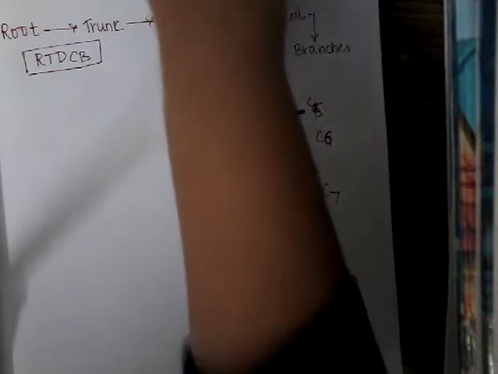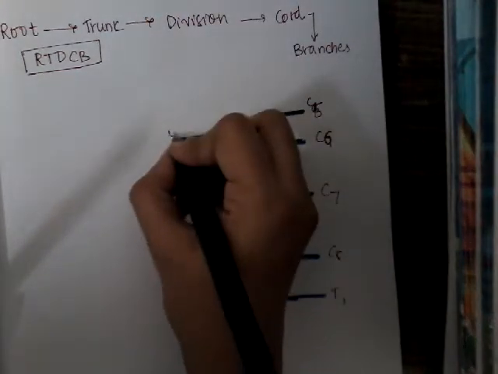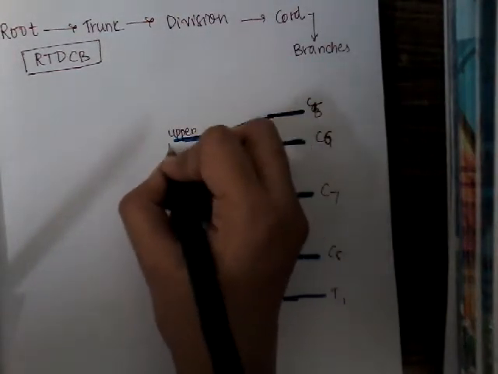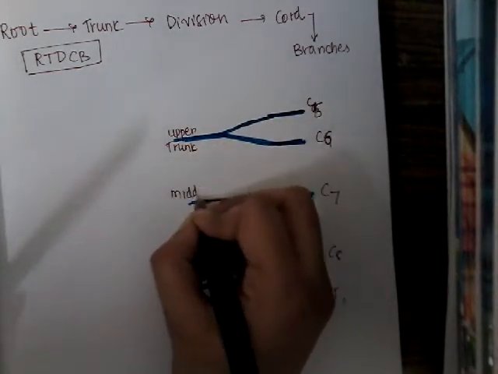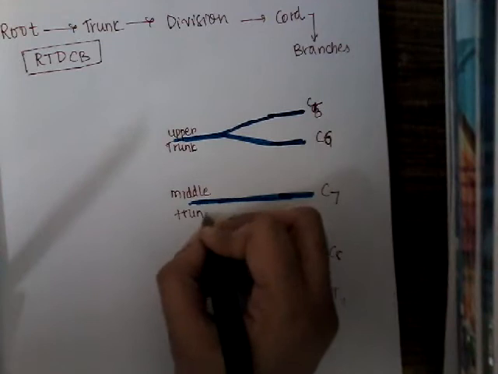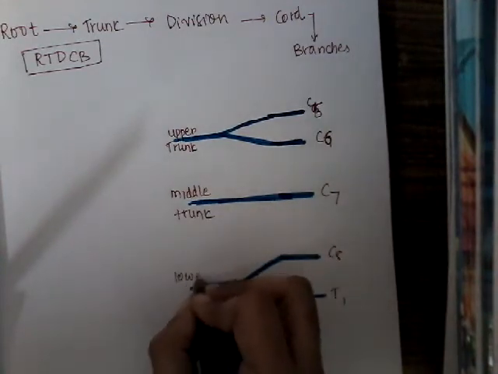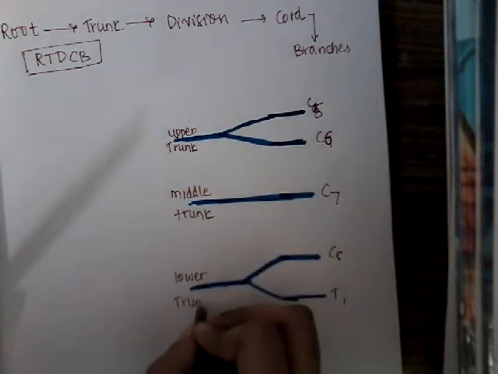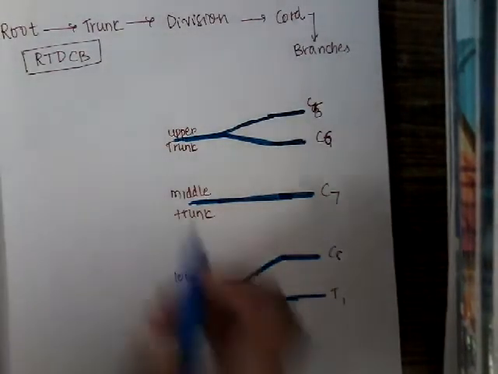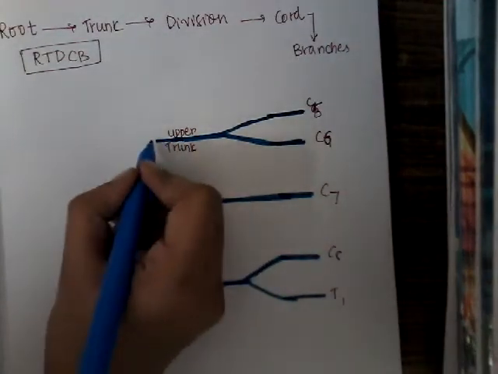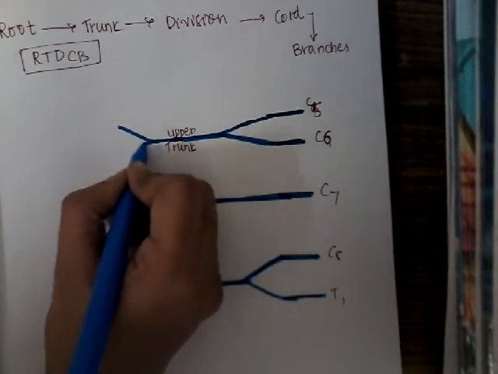Okay, so this is the upper trunk, middle trunk, and then lower trunk. Now each trunk divides into two.